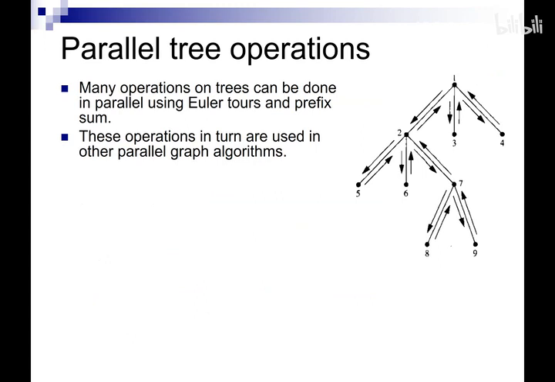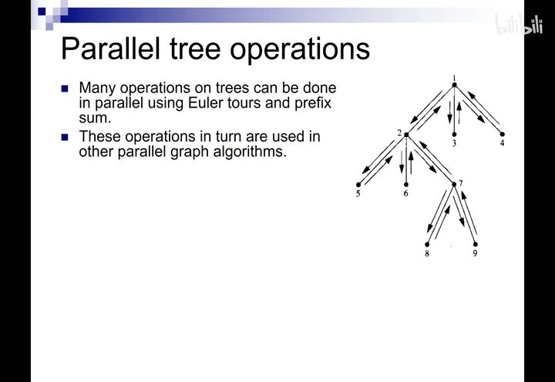Now that we have this technique, we're going to use it plus the prefix sum technique, and we'll see that we can solve many problems on trees. Remember that we gave a way to implement the prefix sum when your input is a linked list.